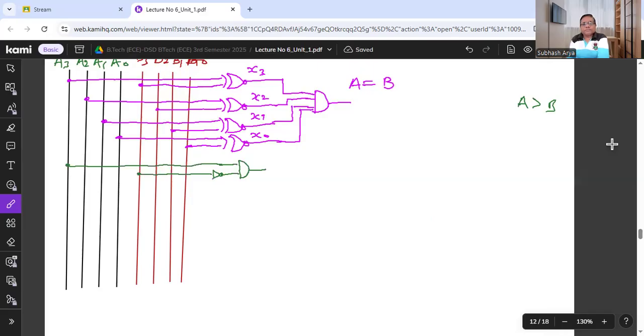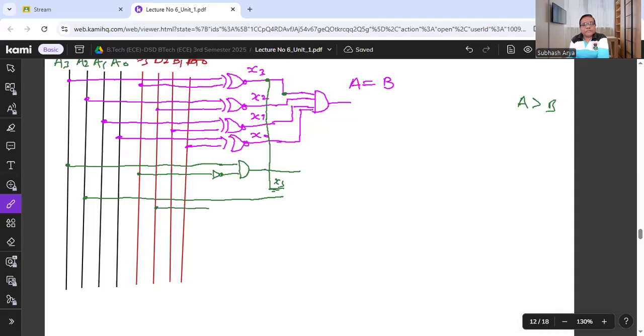If this is not equal, then we have to take x3. This is x3. Now from here we can take x3 as one input, then a2 is here, and b2 bar.